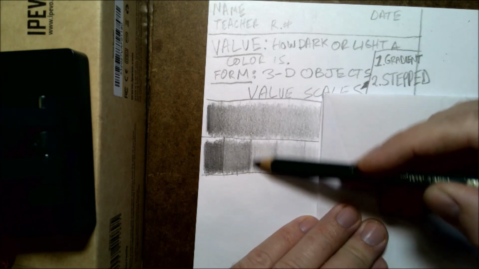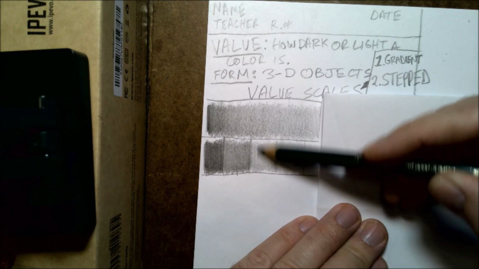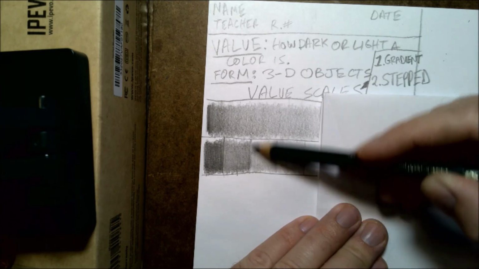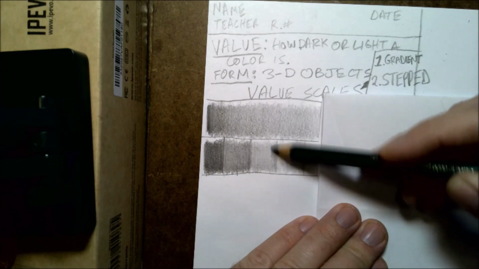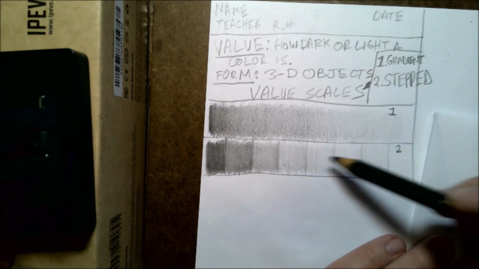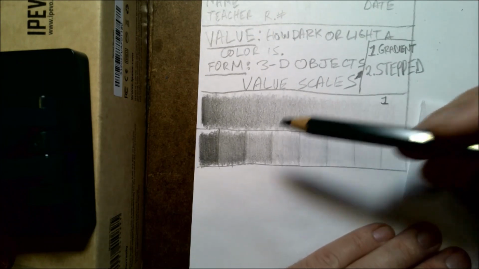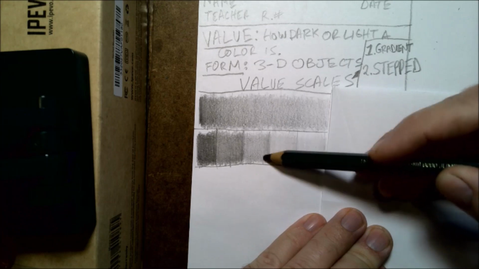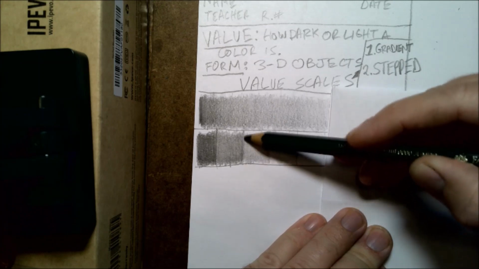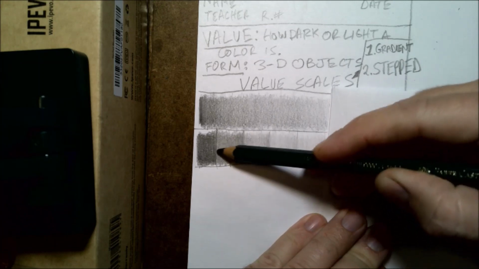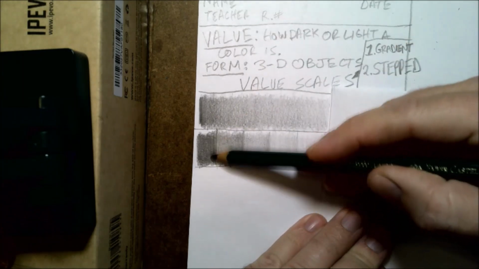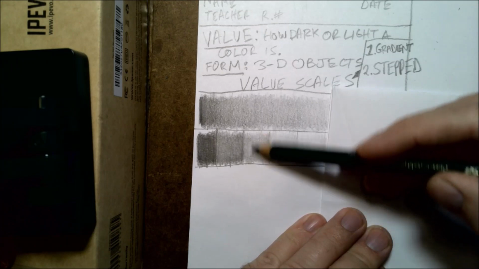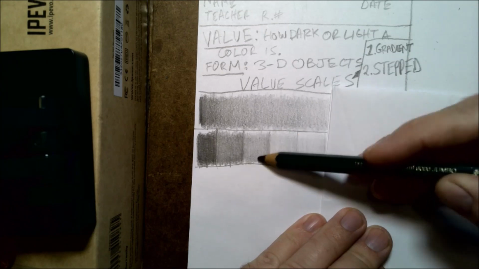And that's the tedious part about shading, especially value scales. But since I darkened it up, that's going to give me a little more room to make these two over here look a little different. So let me go back, make sure this is nice and even over here. Alright, so I'm just going a little tad darker with this one.